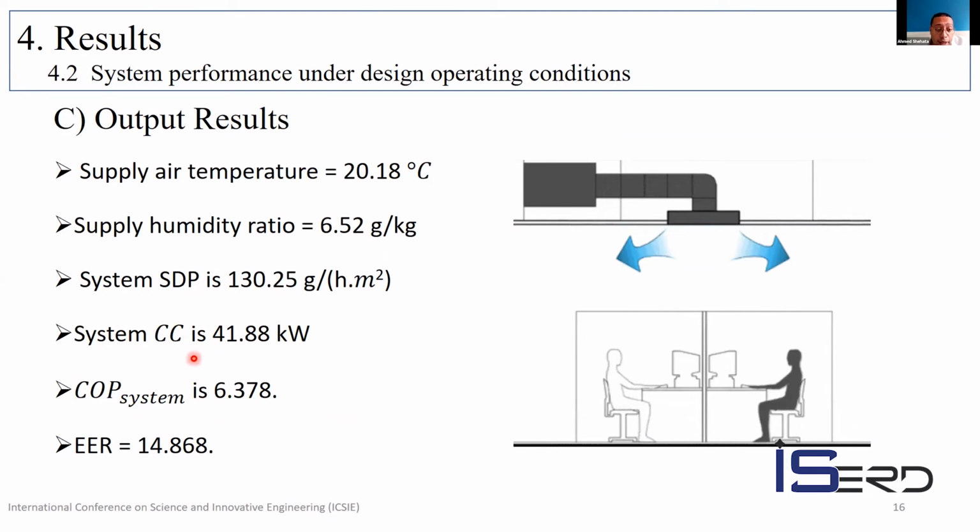The system cooling capacity is 41. And here is the most important, the COP is as high as 6.37, which is higher by 20% than the traditional heat pump liquid desiccant system, due to the efficiency of the temperature used and the efficiency of the coil embedded inside the dehumidifier. Coupling them together has increased the efficiency of absorption.